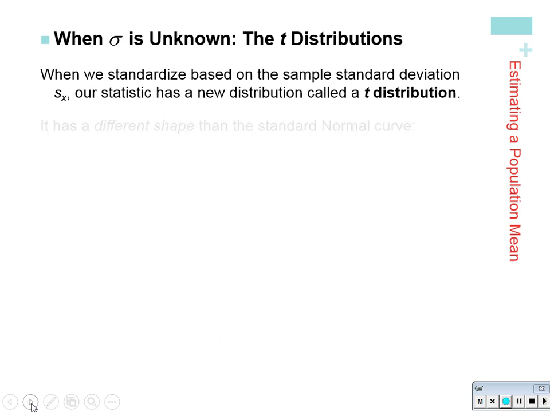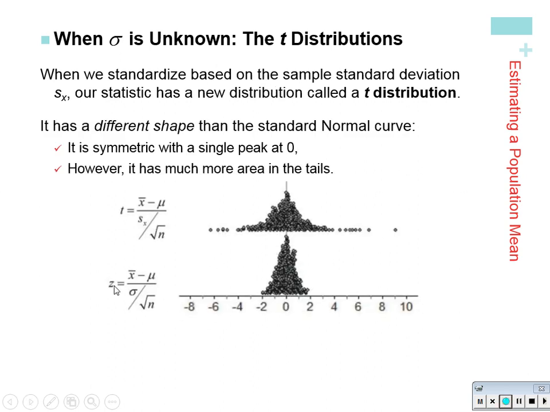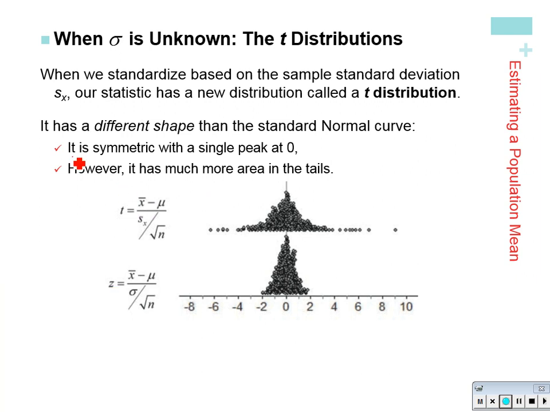So a t-distribution is slightly different than a normal distribution. It has a different shape than the standard normal curve. It is symmetric with a single peak at 0. However, it has much more area in the tail ends of the graph than a normal distribution does.